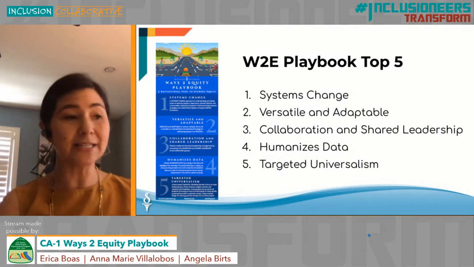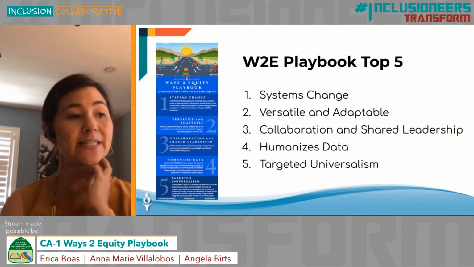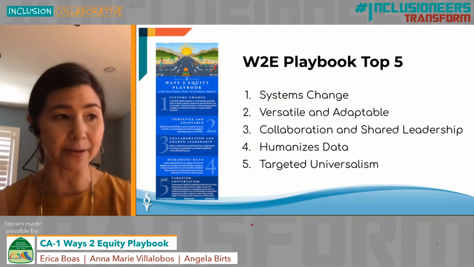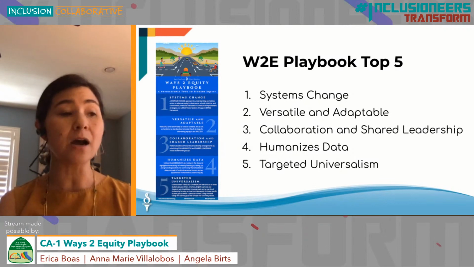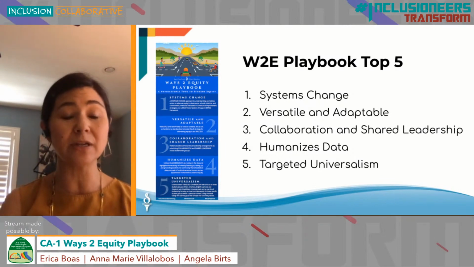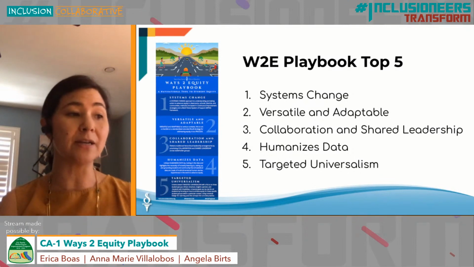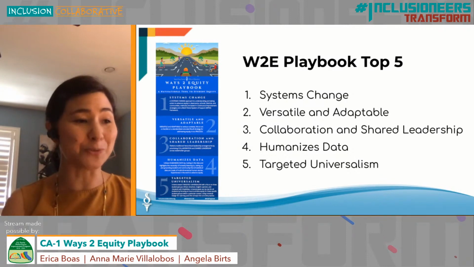Fourth, it humanizes data by rooting in the practice of honestly listening to, raising up, and grounding student and community experiences in the work to advance equity. It promotes the idea that all statistical data are made of multidimensional human experiences. And this cannot be forgotten as we look at charts, tables, and vast arrays of numbers.